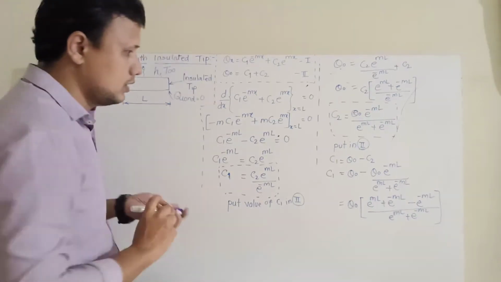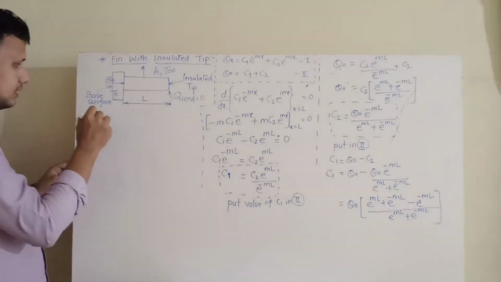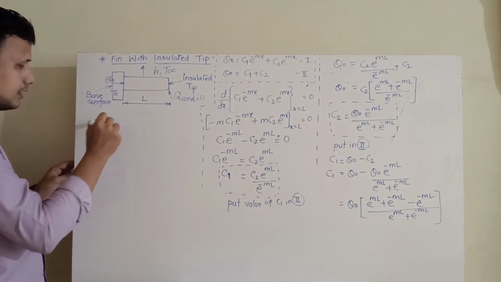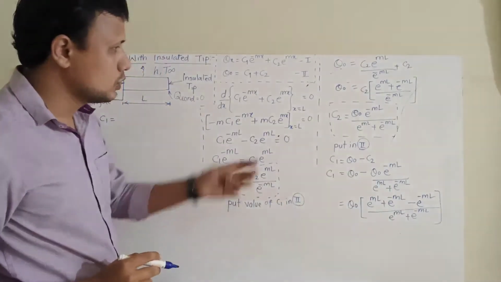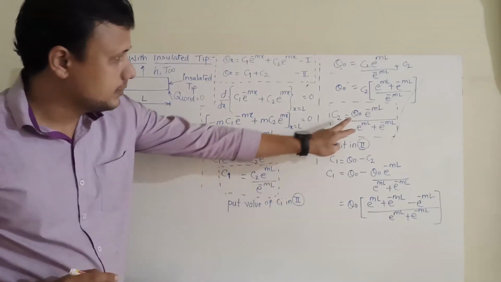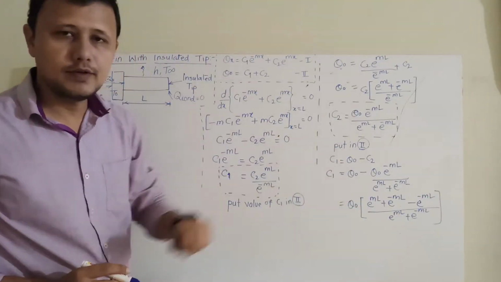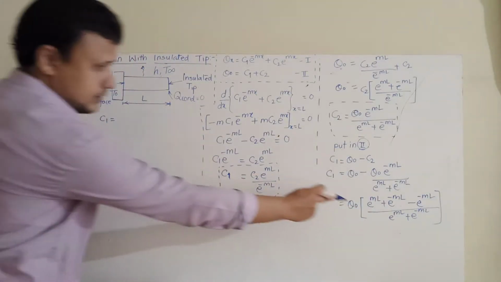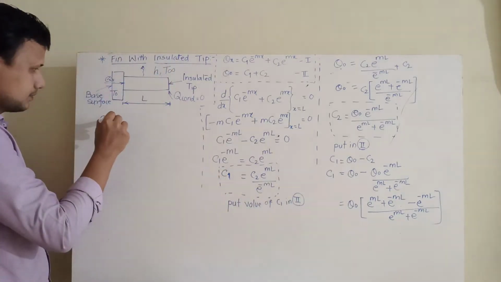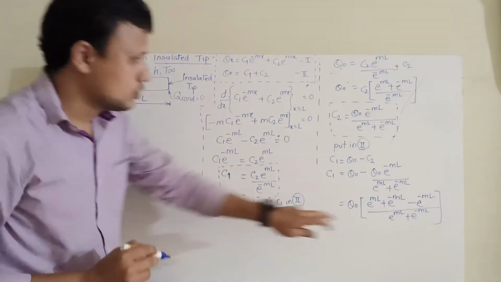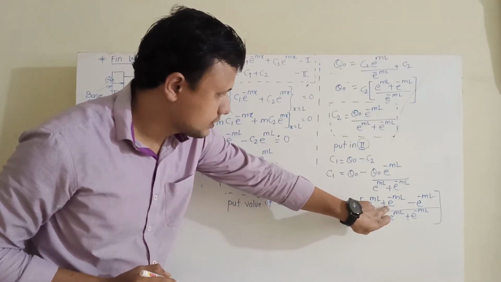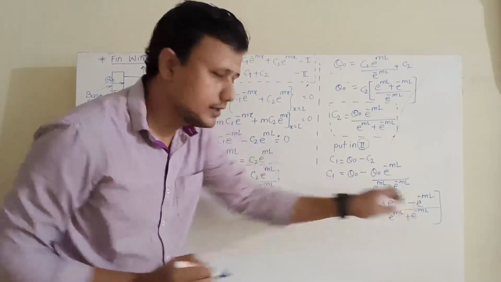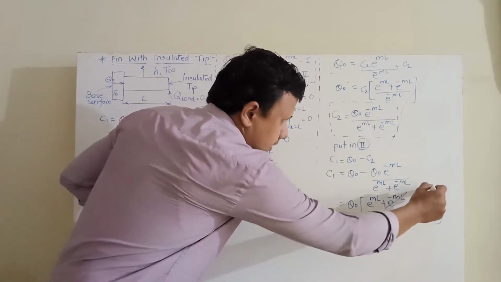So now the benefit is we get the value of C1 as well in terms of theta 0 and some e raised to ml terms. So entirely C1 and C2 will be eliminated and expressed only in terms of theta 0. So C1 is equal to theta 0. The positive e raised to ml and negative e raised to minus ml terms will be eliminated.